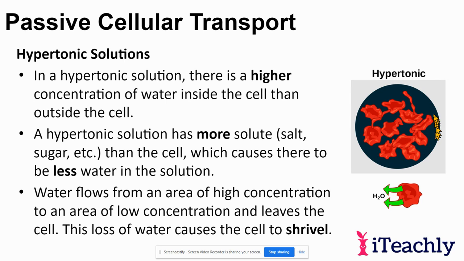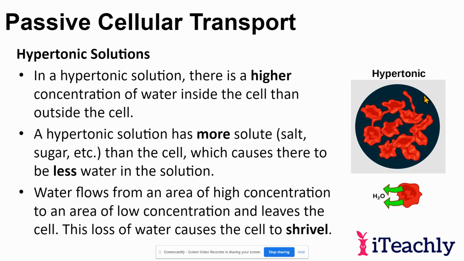So here it says there's a higher concentration of sugar in the solution, right here, this is the solution, and then these are the cells. If there's more sugar in the solution than in the cells, then water is going to move to where there's less water.